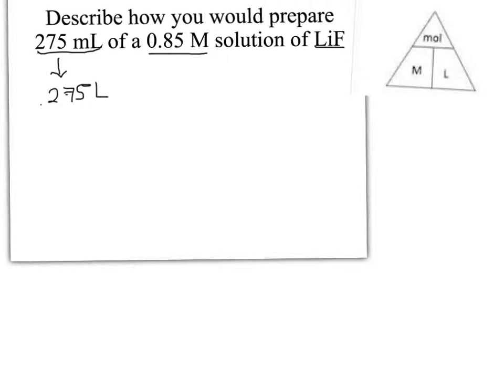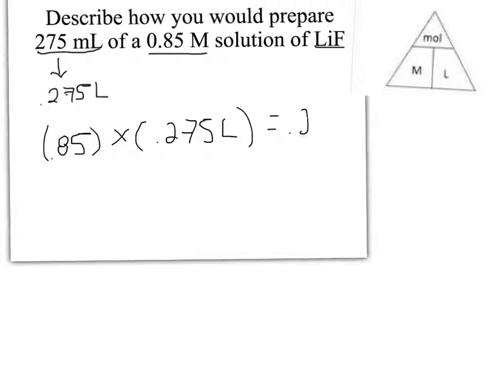We take our molarity, 0.85 molar, times 0.275 liters, and find out how many moles of solute are in this solution. So we end up with 0.23 moles of lithium fluoride.